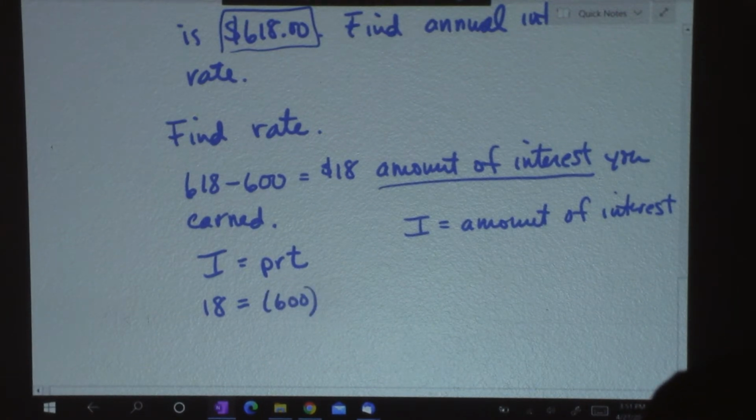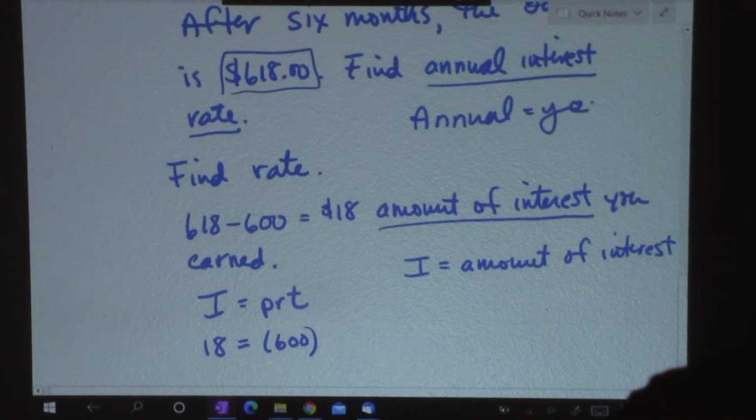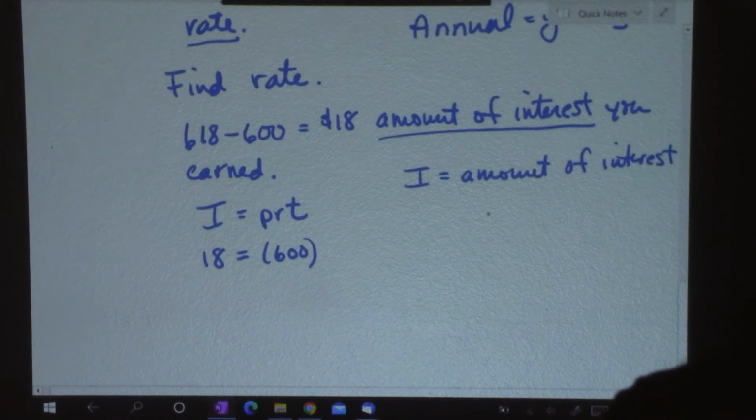And I don't know the rate, but I do know the time. Now be careful. Up here it says find the annual interest rate. Annual means yearly. So it's by the year, okay? So if I have 6 months, how much of a year is that?